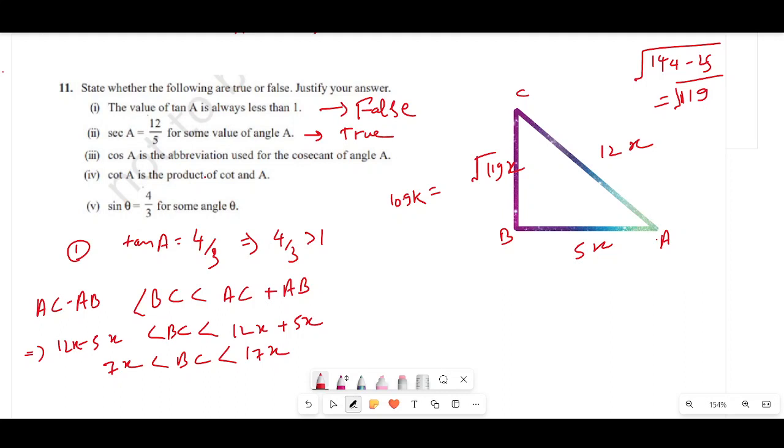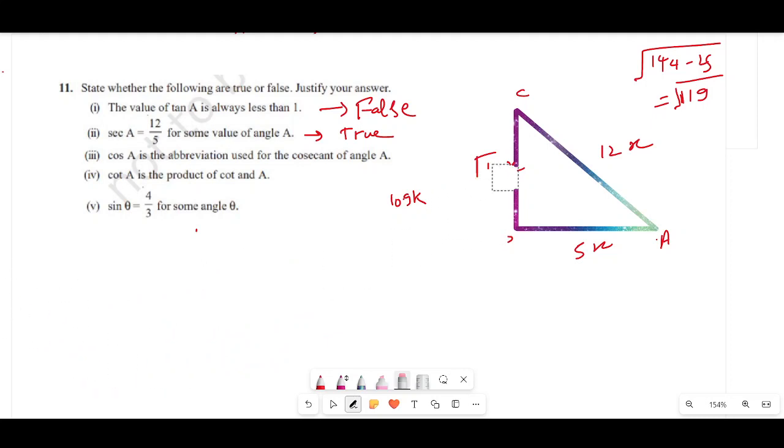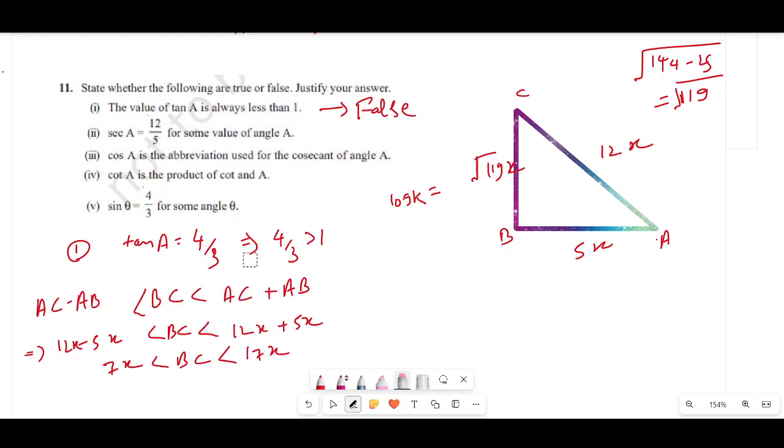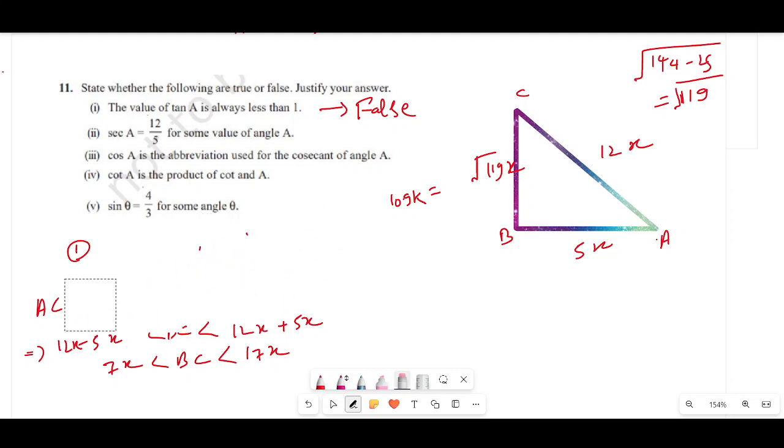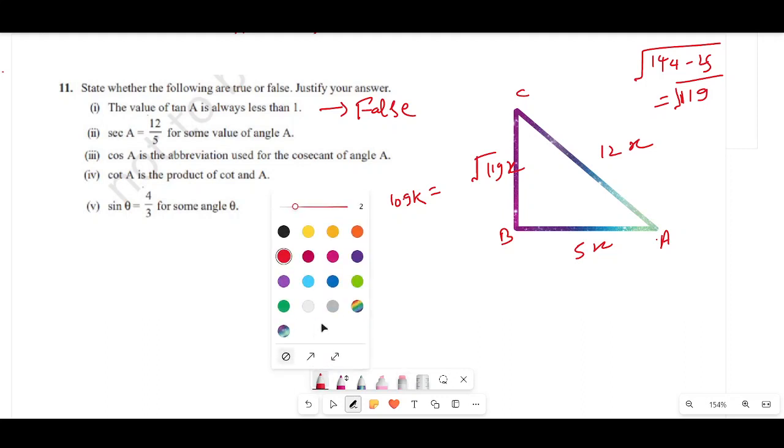Now for cos A, first we should remove this. Clear? Now this is true.